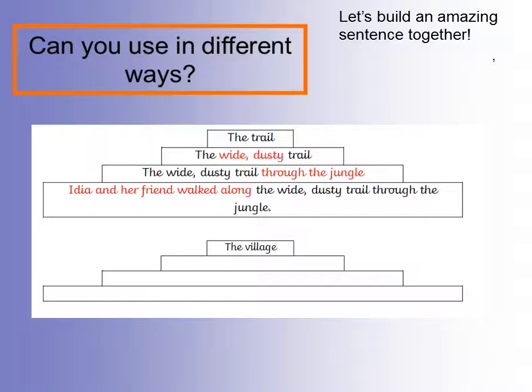Well, what about what's happening there? We could have Idia and her friend again. Idia and Adesua headed to the busy, bustling village in the heart of the jungle. That sounds pretty good, doesn't it? So we've built that up from just the village, we've described it, we've said where it is, and we've said what's happening there. Somebody is heading towards it.